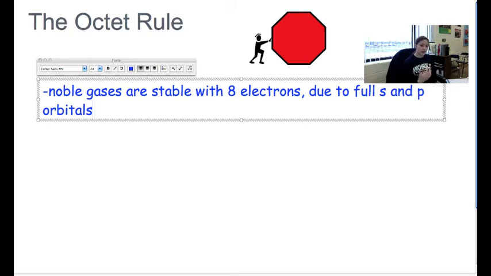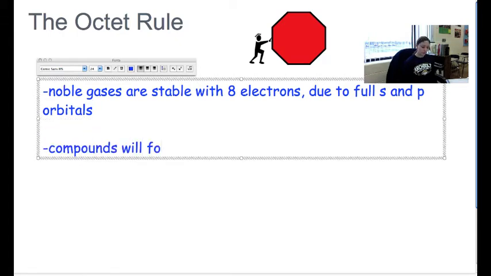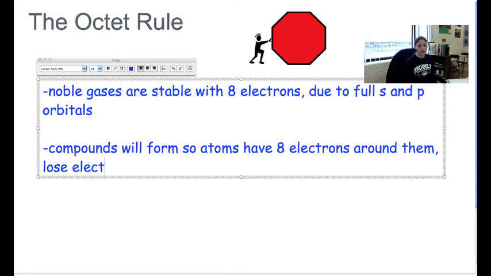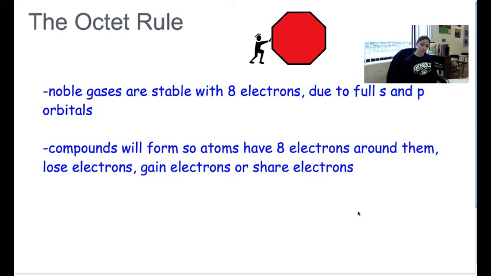We call that our octet rule. For right now, compounds will form so the atoms have 8 electrons around them. They're either going to lose electrons, gain electrons, or share electrons. That is the octet rule. Atoms like to have 8 electrons around them. It gives them a stable configuration.